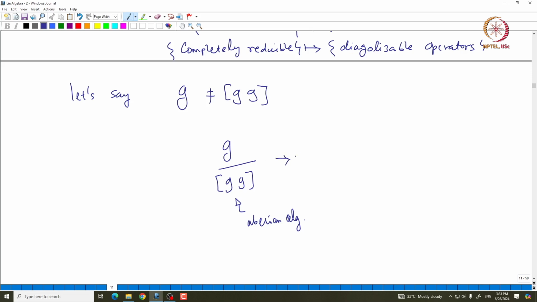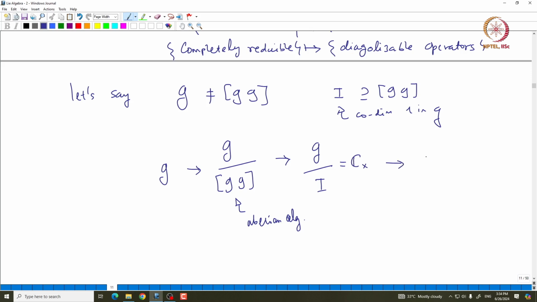Pick I, which contains [G,G], that has codimension 1 inside G. Then we have this map G to G modulo the derived subalgebra [G,G] to G modulo I, and this is going to be the one dimensional Lie algebra.